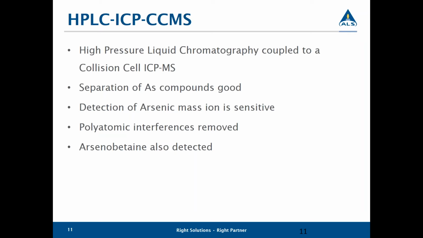The detection of arsenic mass was very, very sensitive. Separation, as I'll show you, is very good. And we were able to look at all the species that we thought might be of concern for the particular project.